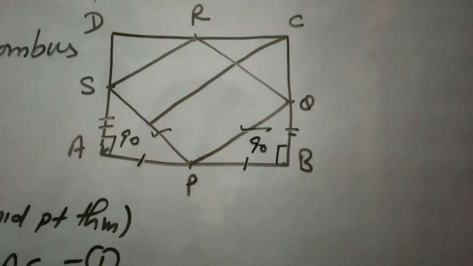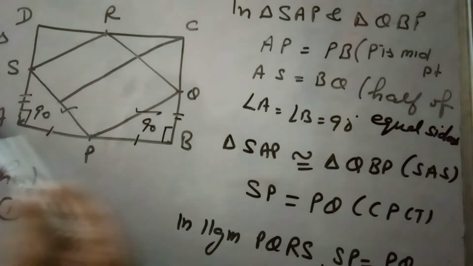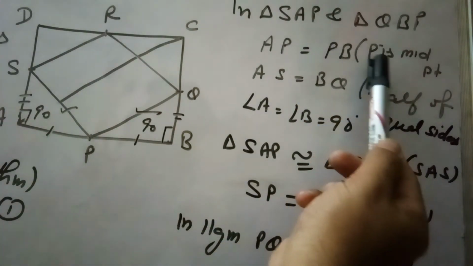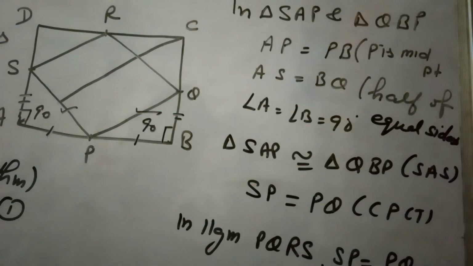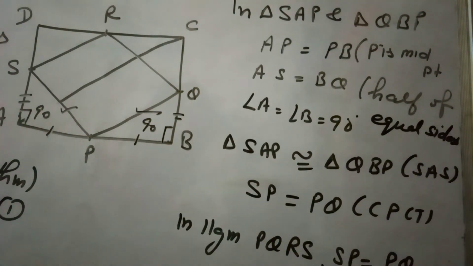So now the steps of the solution are: in triangles SAP and QBP, AP equals PB because P is the midpoint, AS equals BQ because these are halves of equal sides, and angle A equals angle B, both 90 degrees. So both triangles are congruent by side-angle-side congruency.